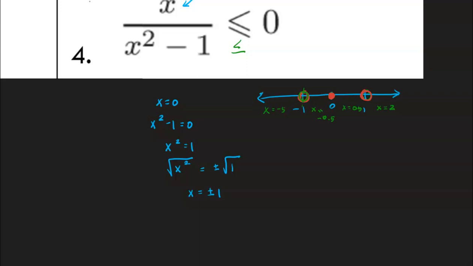Okay, now when I put a -5 in, it's going to be a -5 positive. So this is going to be a negative. -0.5 is going to be a negative on top. 0.5, no matter, 0.5 squared is going to be a smaller number than 1, because it's 1/2 squared.